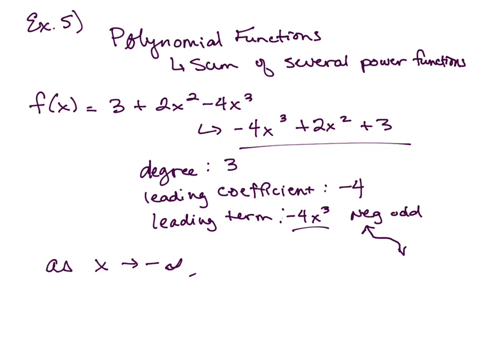So as x goes to negative infinity, what does y do? F of x goes to positive infinity. So we can describe the end behavior here without ever having looked at anything. As x goes to positive infinity, what does f of x do? Negative infinity. Good.